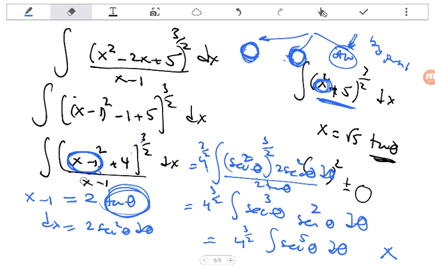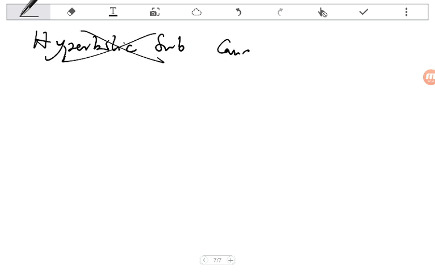Okay, I'm just showing you the idea of how to treat this integral by completing the square. Hyperbolic substitutions will be cancelled. Hyperbolic, as we have said before, hyperbolic substitution is not required. Okay, this is cancelled.